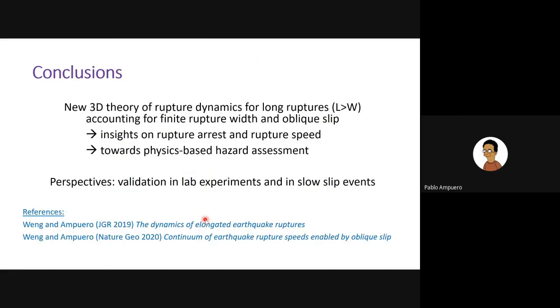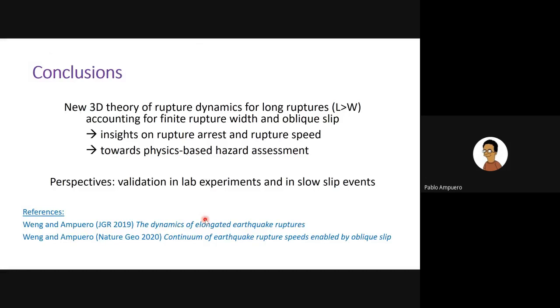So this brings me to the conclusions. We have developed this new 3D theory of rupture dynamics, which is special for very long ruptures. That means ruptures that are longer than they are deep or wide. And we account for the finite rupture width and for the obliqueness of slip.